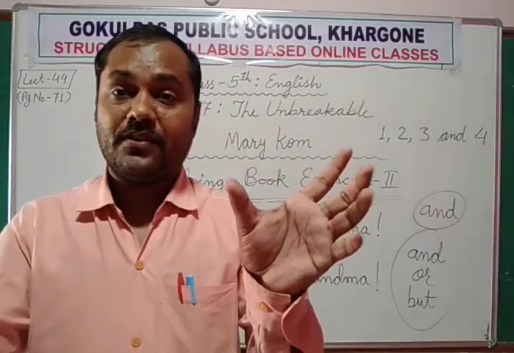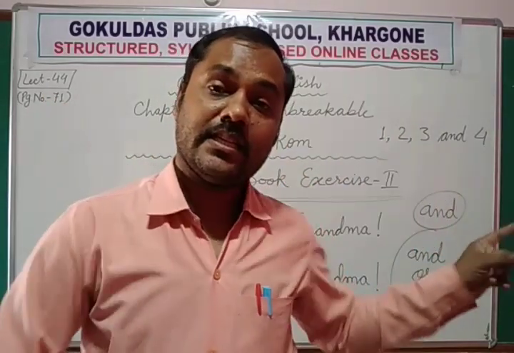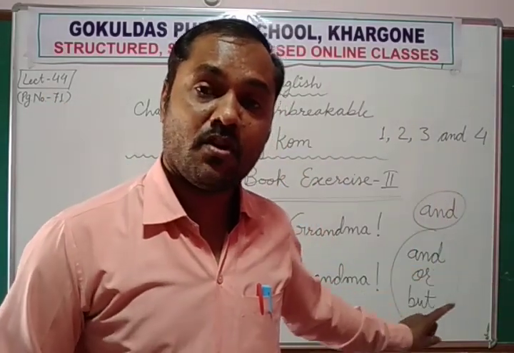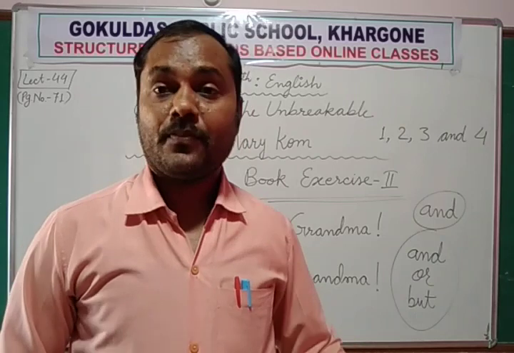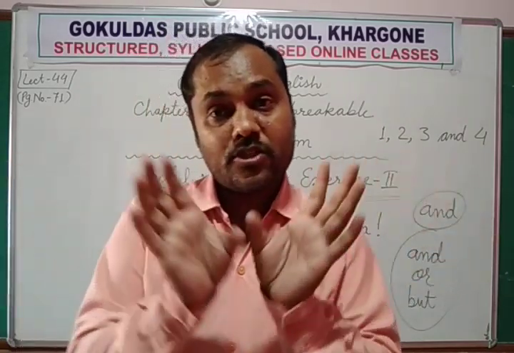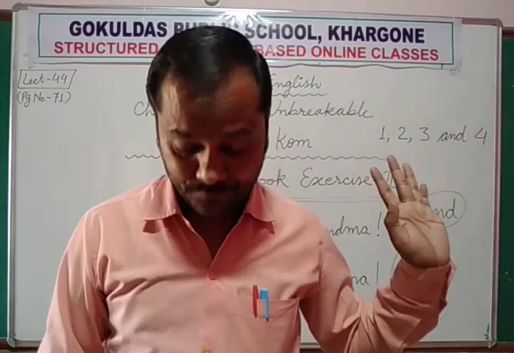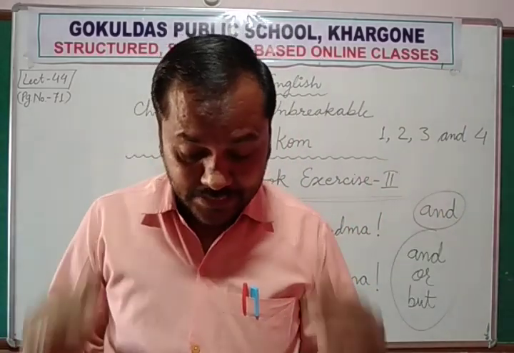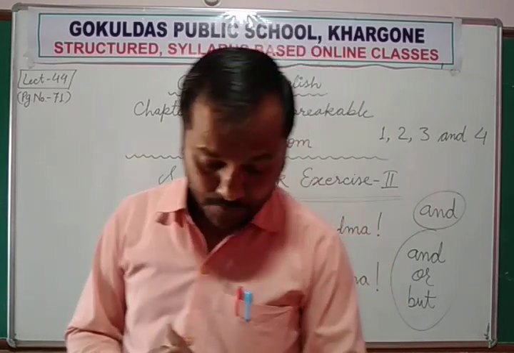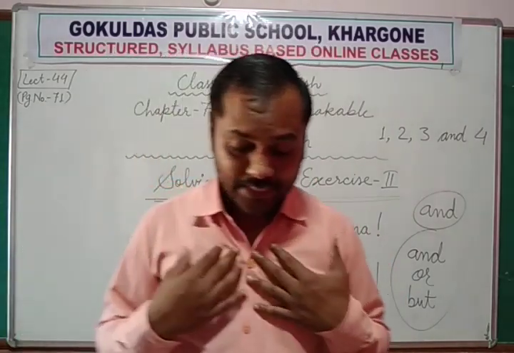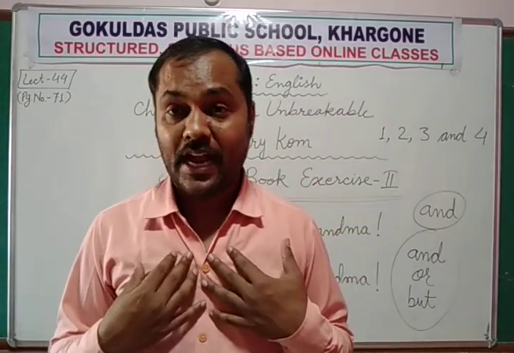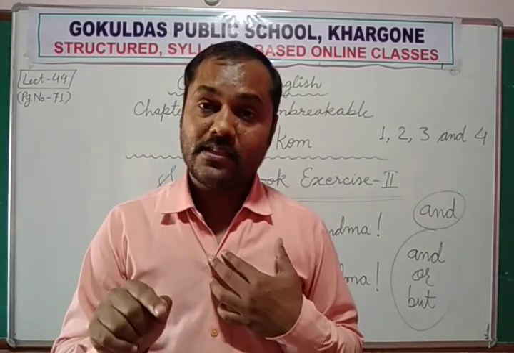If we are joining 2 parts of a sentence by using these conjunctions and, or, but, then before joining these 2 parts we can put a comma. Just like, "I didn't have specific dreams and goals." Who said this?